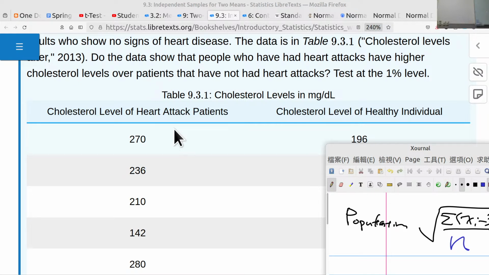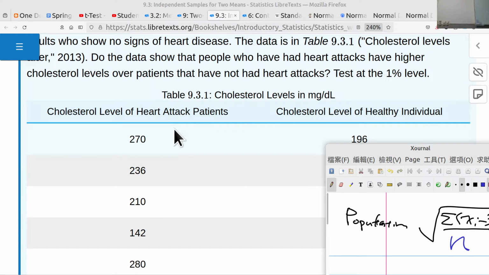If you are the host, you make the definition. You don't need to follow the definition, but the definition of sample is from the textbook, so we try to think about the original meaning from the author. Here, the cholesterol level of heart attack patients, I think they are samples, not a population, because with a limited number of patients, they try to use this number to represent heart attack patients all over the world.